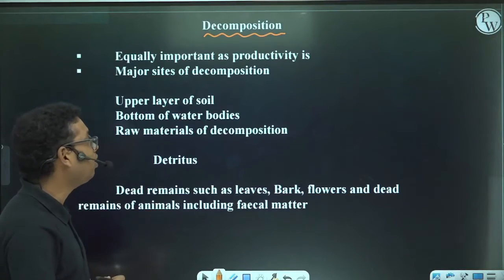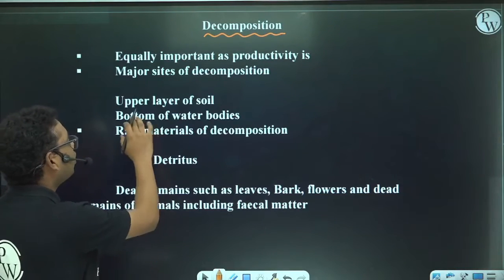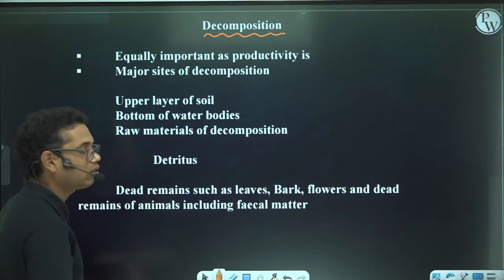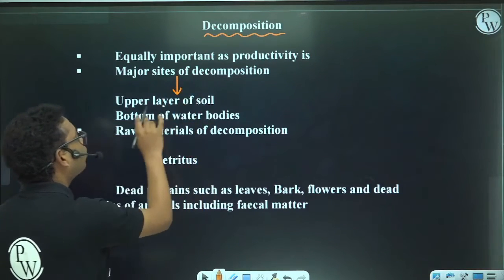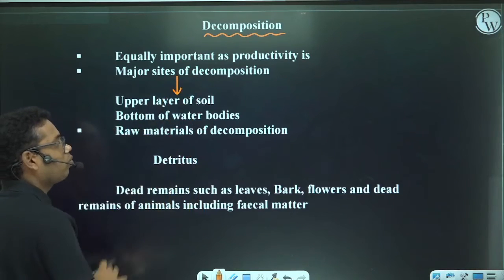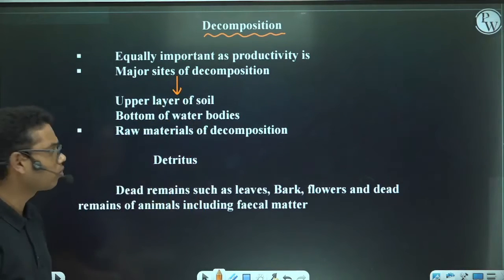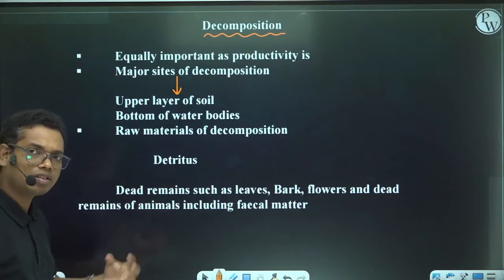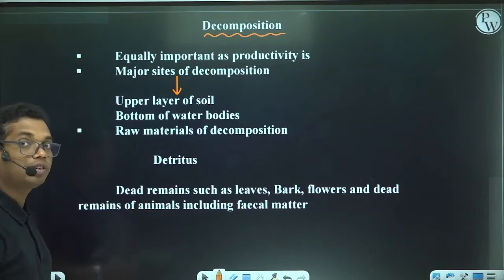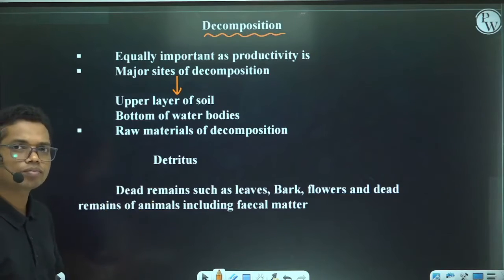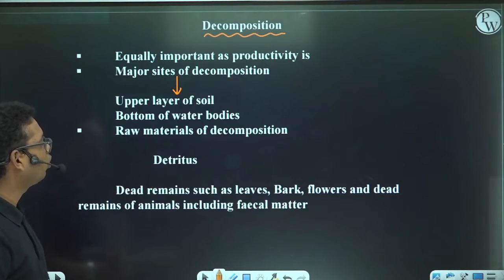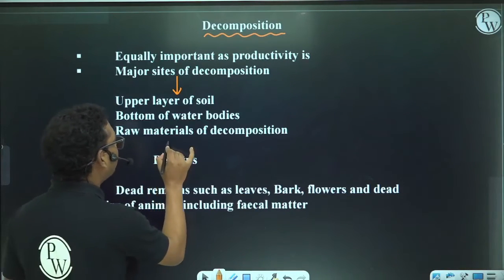No. The main sites of decomposition are the upper layer of soil and the bottom of water bodies. The raw material for decomposition is basically detritus.